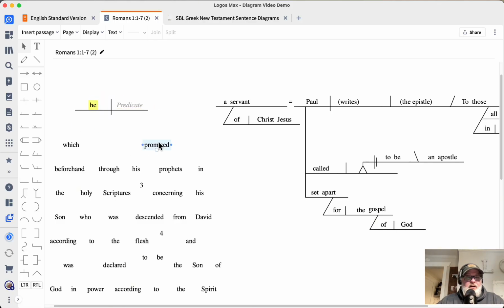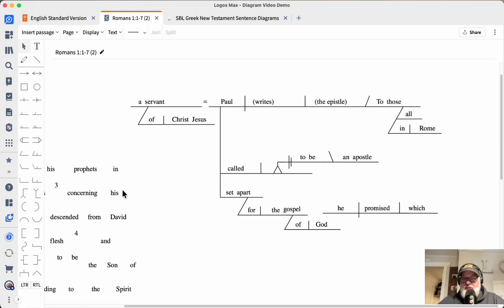So I'm going to go ahead and do this here first. Put our subject and our verb. Make it a little bit longer. In this case, our relative pronoun is the direct object, which. And what that's going to do is point us back to the word gospel.